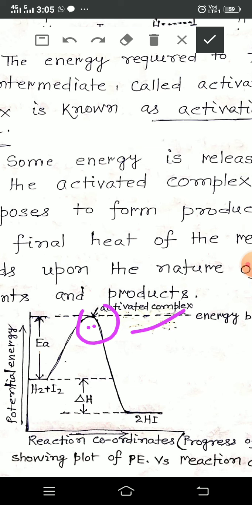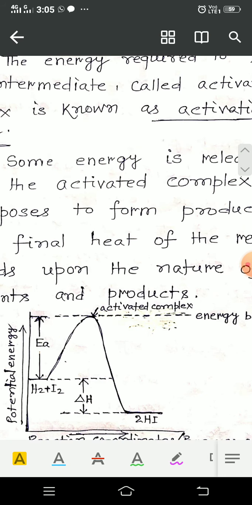When the reactant molecules get energy and reach up to the energy barrier, then they are eligible to form products. So this is the activation energy, and delta H shows the difference between the enthalpy of the reactants and products.